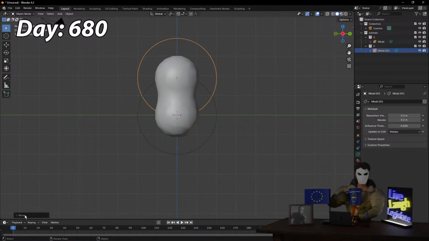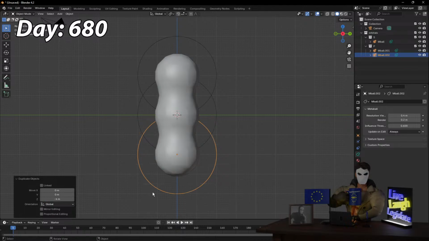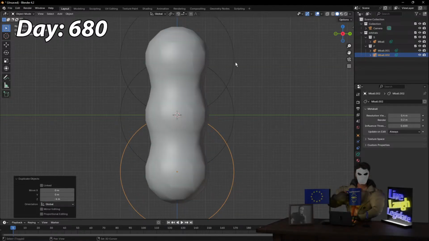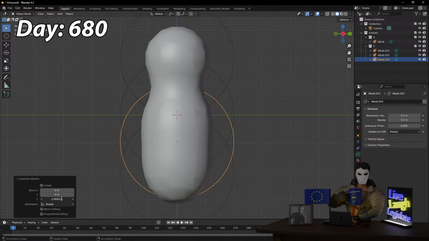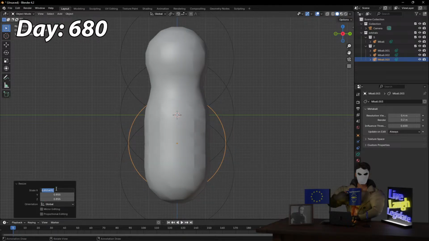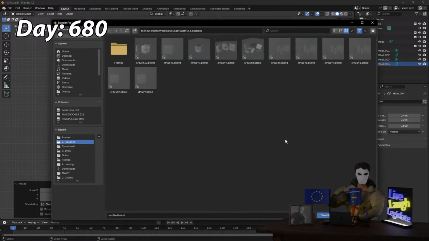So, Z up by like 2, Z down by like -4, and up by like 1 and 0.5 of scale. This is only a simple one for reference, -1 and 0.5 for scale. There we go.